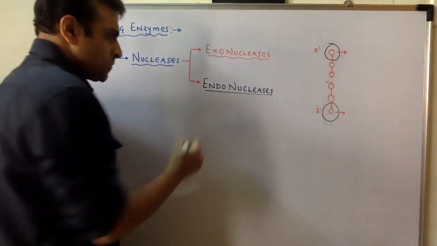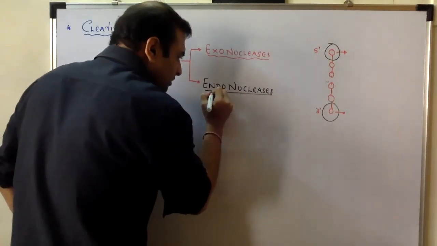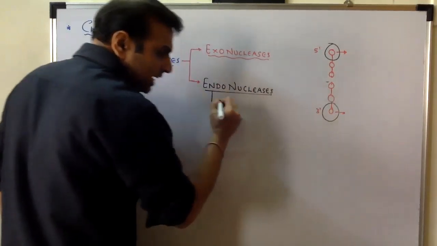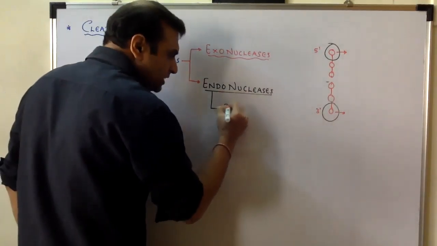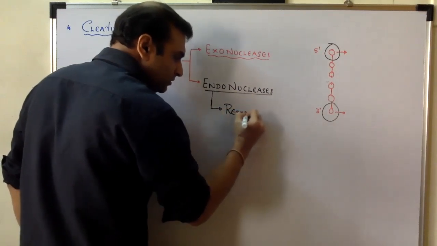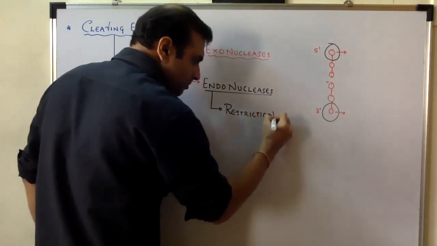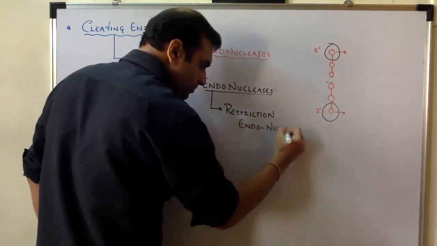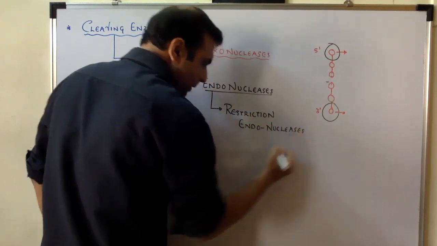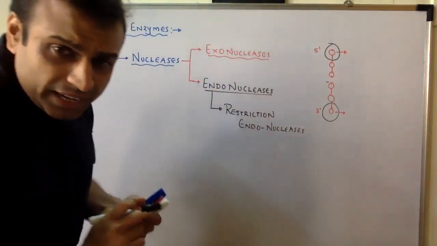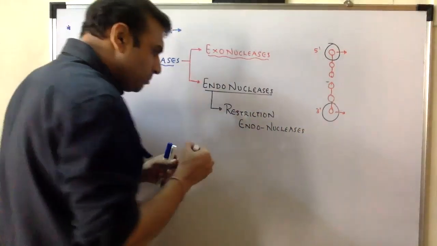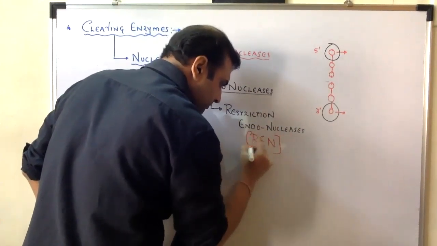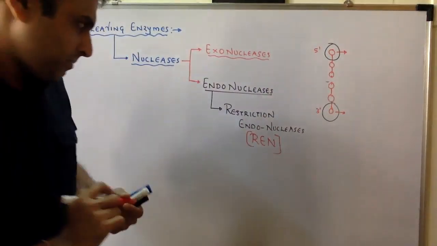अब सुनिए, हमारी इंटरेस्ट एंडोन्यूक्लिएजेस में भी एक स्पेशल एंजाइम के ग्रुप के साथ है और उसका नाम है रेस्ट्रिक्शन एंडोन्यूक्लिएजेस. रिपीट, रेस्ट्रिक्शन एंडोन्यूक्लिएजेस, या हम लोग इसको शॉर्ट में REN भी बुलाते हैं. राइट. अब सुनिए ध्यान से.